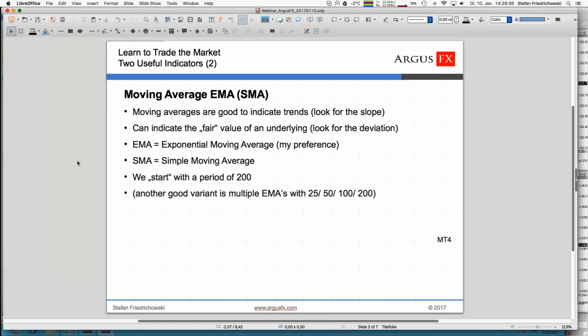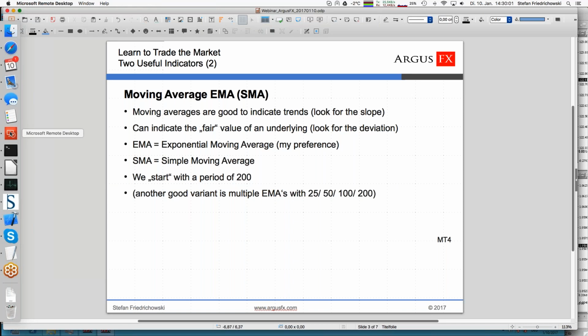This is sometimes called rainbow trading. There are other names for that. That will help us later for our trading activities as well. But we will start with an EMA period of 200. So we use quite a slow changing EMA.